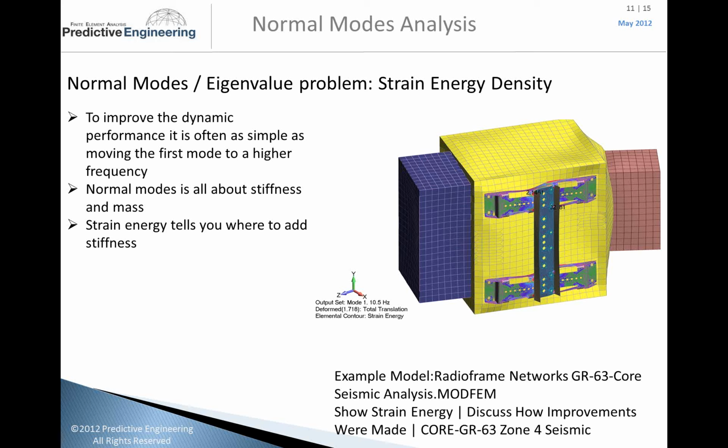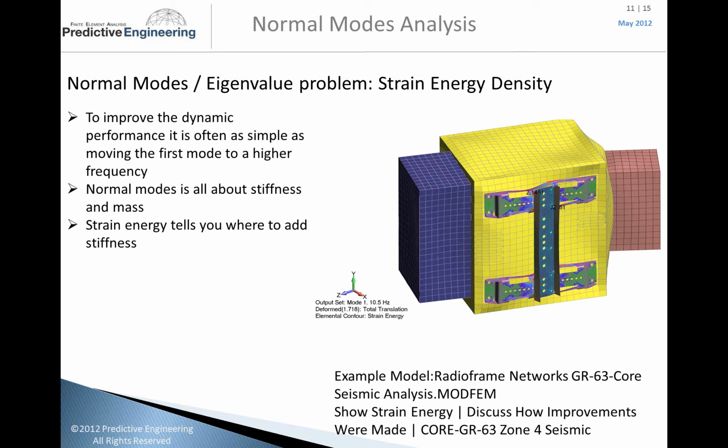All it tells you, very simply, is where parts of the structure are deforming more than other parts for any particular mode. And the usefulness is that you can look at the strain energy in this model. It's a bracket, and we really needed to increase that first mode frequency.